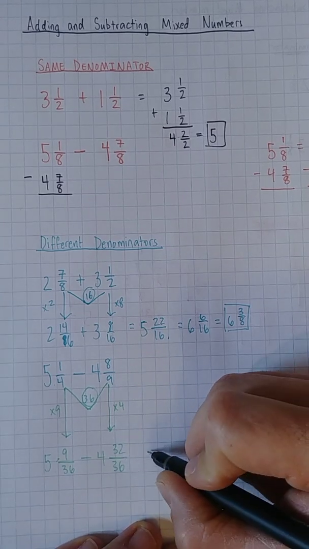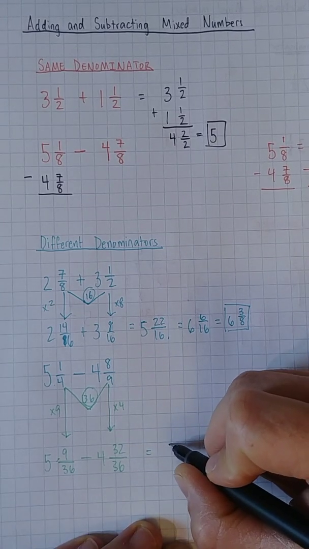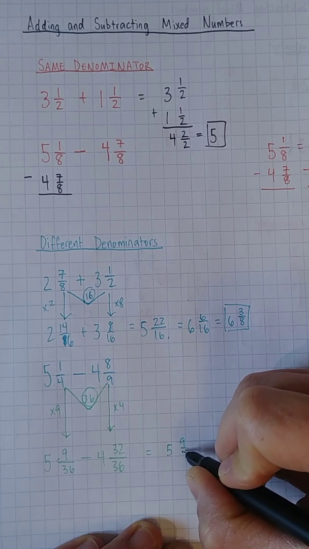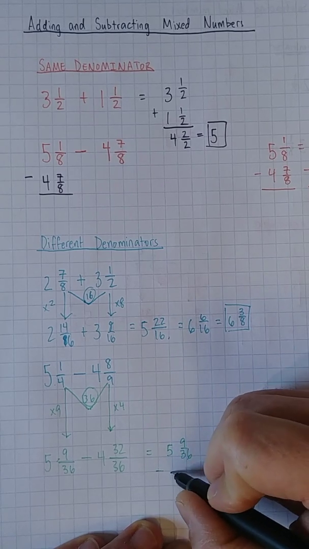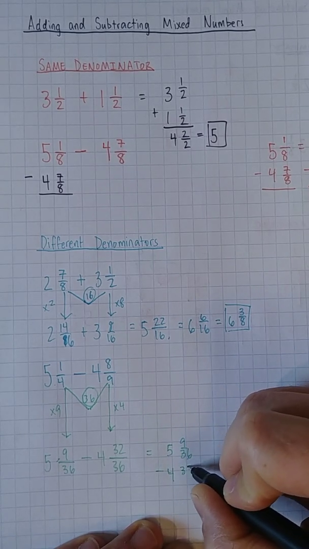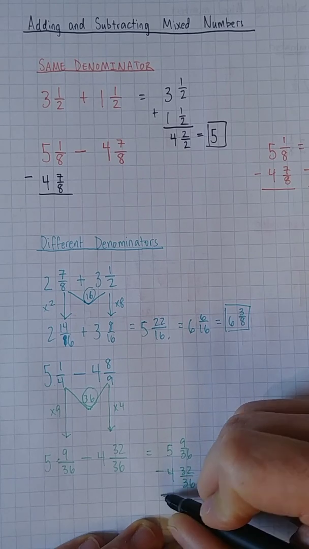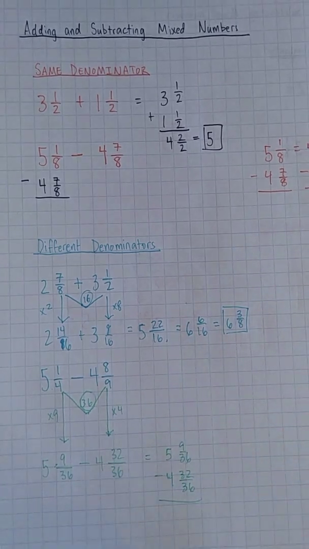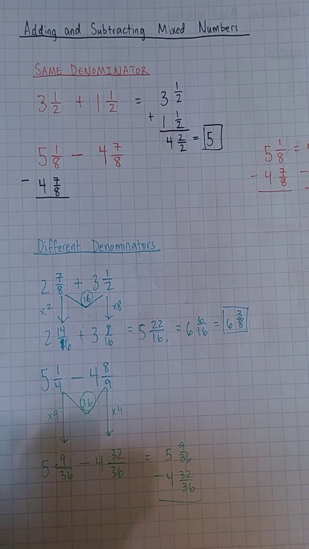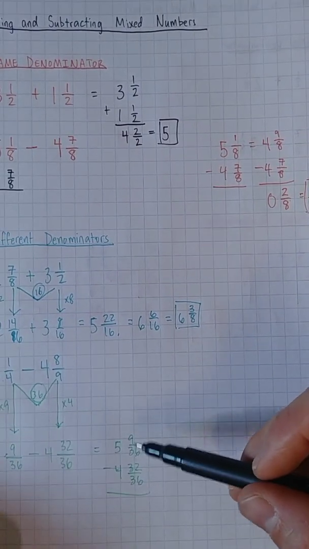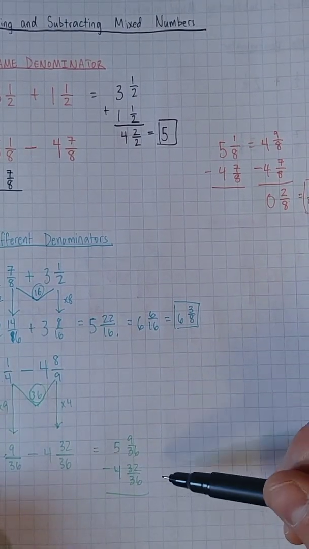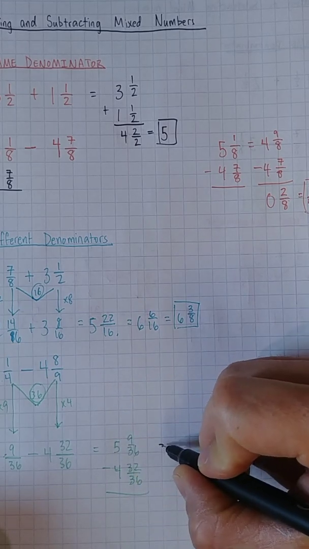All right, now let me write this vertically again. 5 9/36 minus 4 32/36. Okay, once again here, I can't really subtract straight away. I can't do 9/36 minus 32/36. I have to do a little ungrouping.